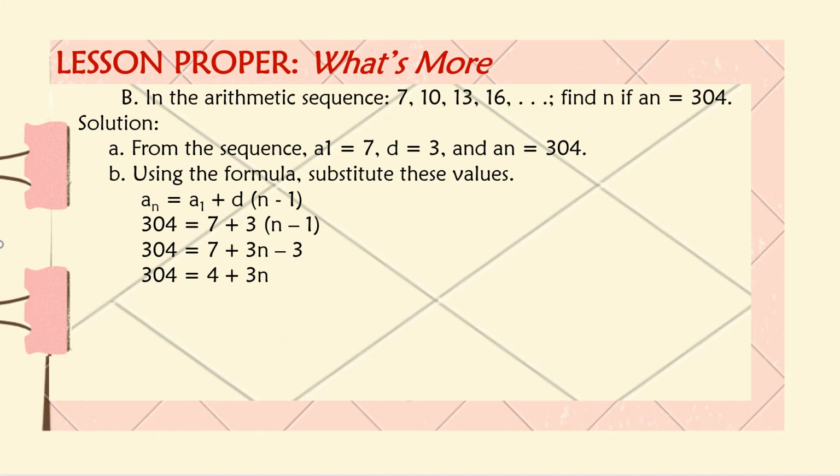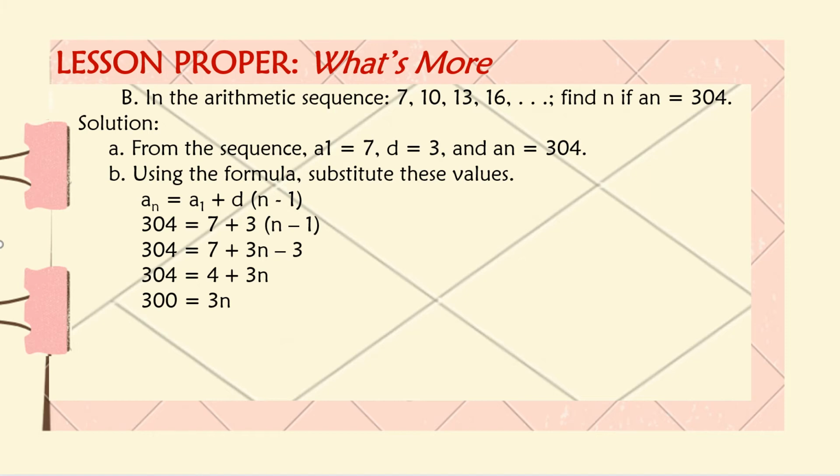And the same, we cannot add 4 to 3n. So, what we're going to do here is to get the additive inverse of 4. So, ano yung additive inverse ng positive 4? Negative 4. Okay, very good. Negative 4 siya. So, kapag in-add natin yung negative 4 sa equation, makakancel na yung 4. Whatever you do to the right side or to the left side, you do it also to the other side.